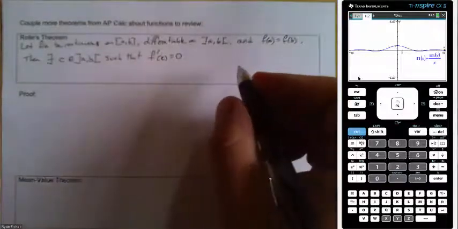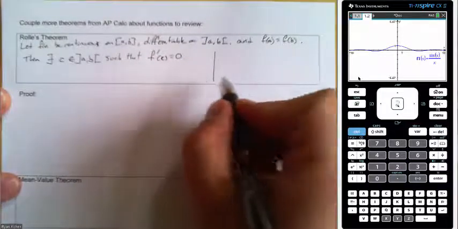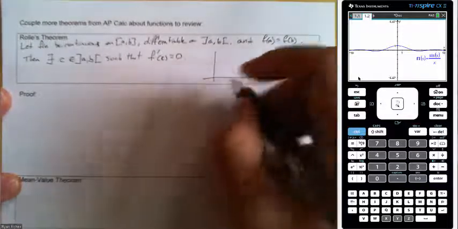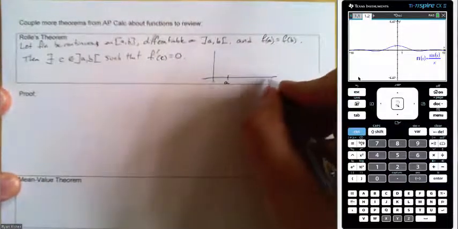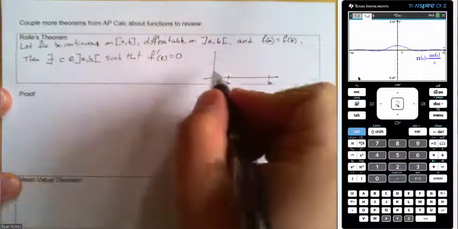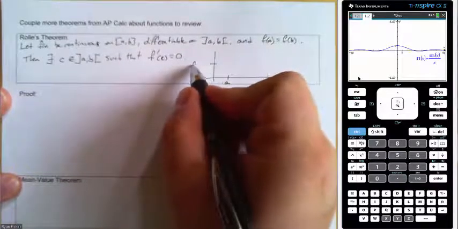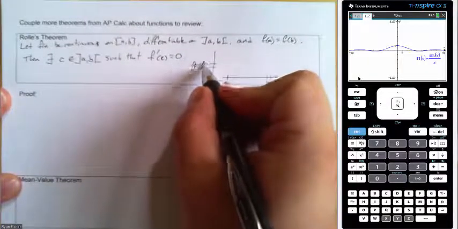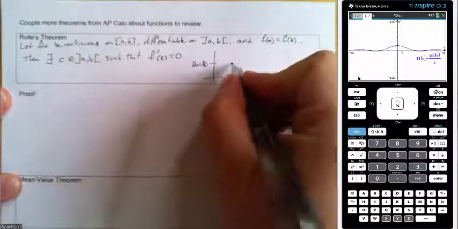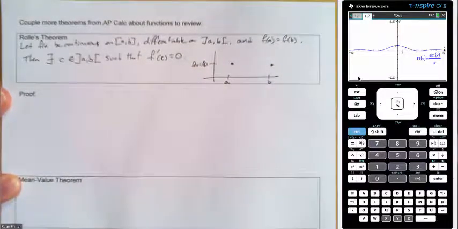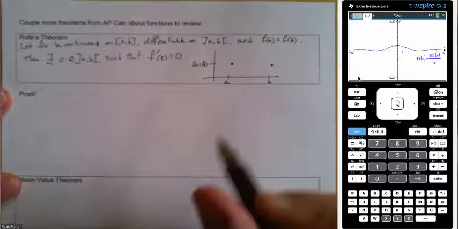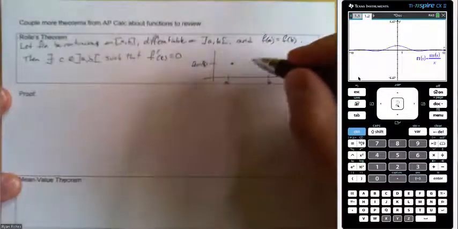As a picture, it looks something like this. Suppose you have some function on some interval a to b, and all I know is that f of a is equal to f of b. So I have some function where the endpoints are at the same height. Maybe they're 0, maybe they're some other non-zero number, but they're the same.